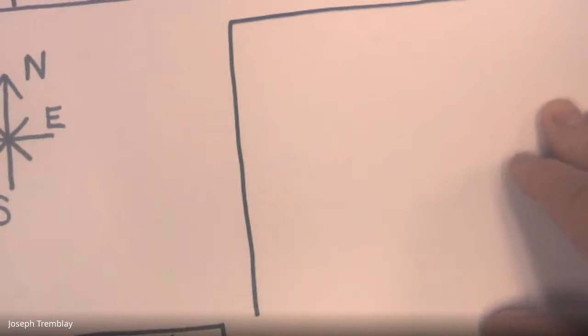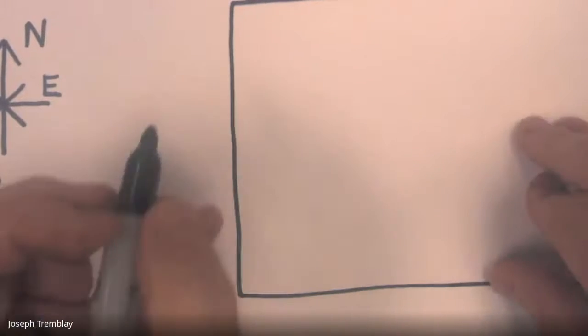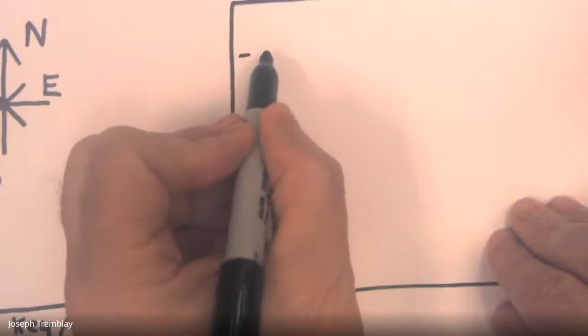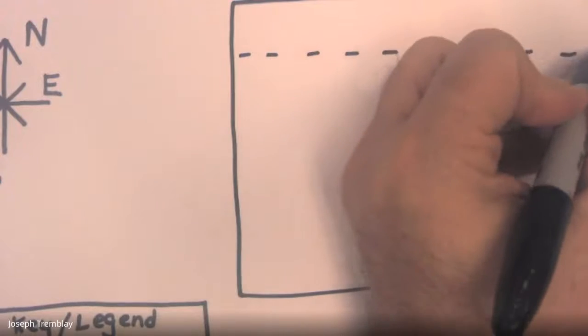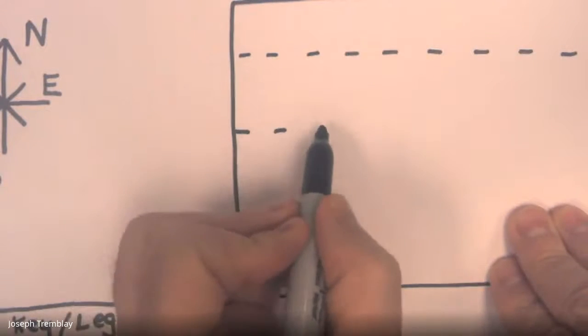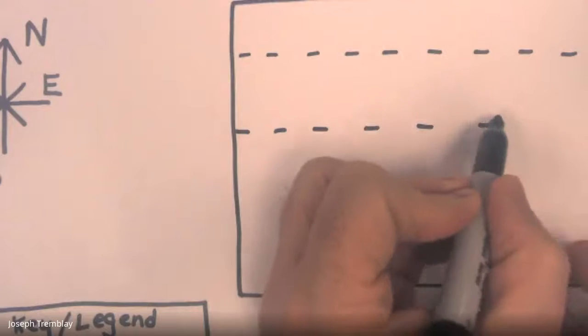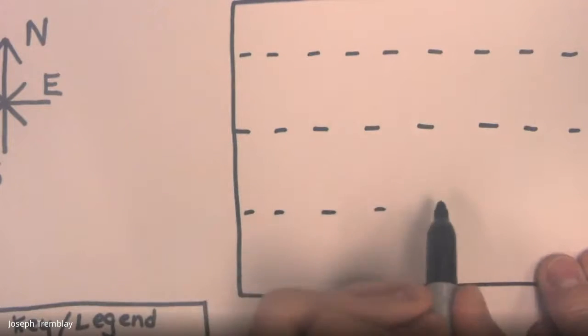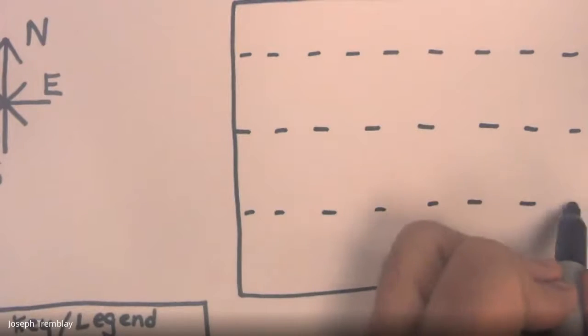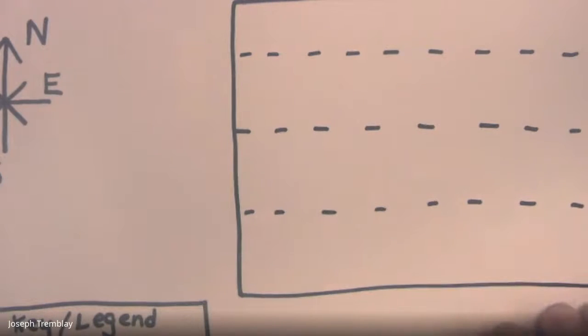And then I'm going to have a line going across. And then I'm going to have some dotted lines in here. Most of the time on a regular map, the grid lines will be a different color, or they won't be as dark or something. They'll be different so that you won't get them confused with borders and things like that on the map.